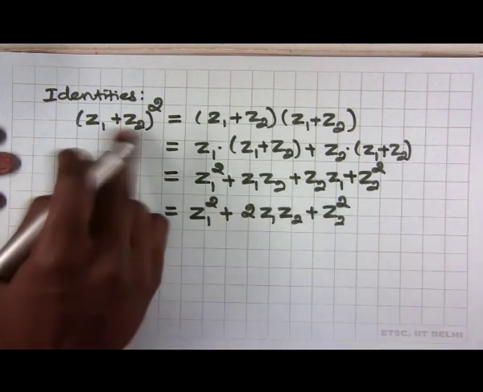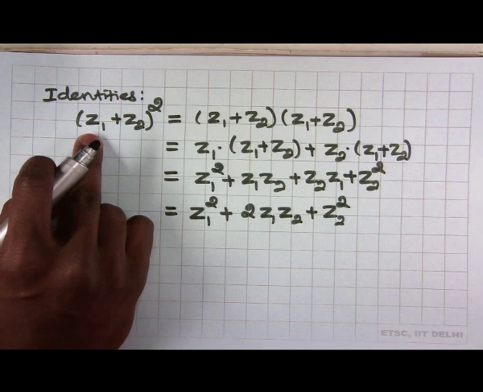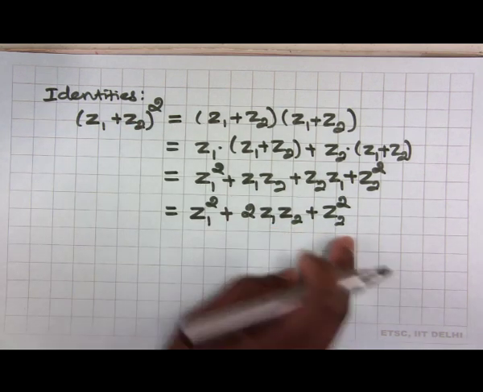So, what we derived is like in the real line, real numbers, when we take (a + b) the whole square we get a square plus 2ab plus b square.